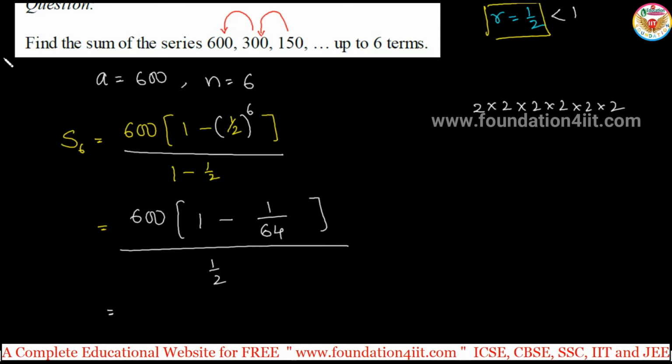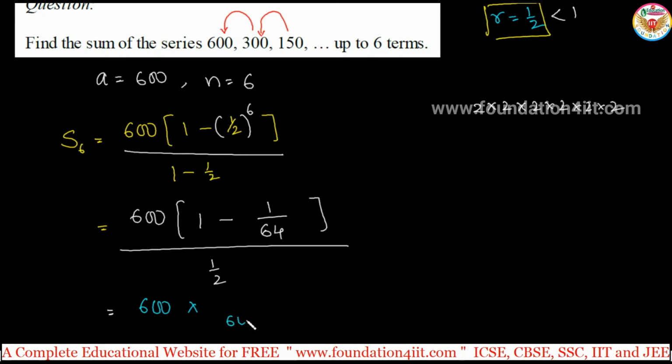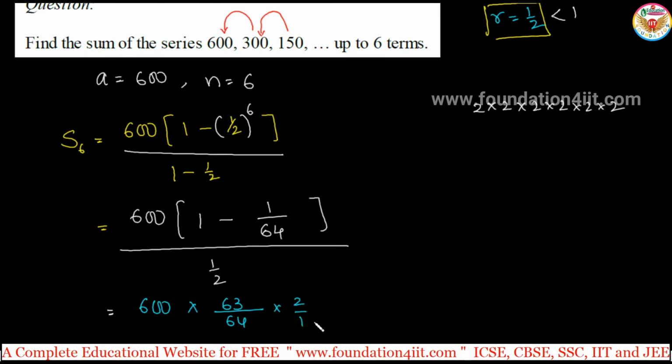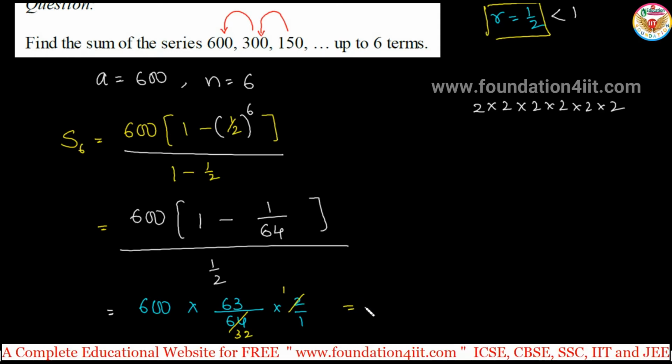Simplify more. 600 into 1 minus 1 by 64. 64 is the LCM, 64 minus 1, so 63, into 1 by 2. Just take the reciprocal, 2 by 1, easy for calculations. 2 ones are 2, 32. Again 600 into 63 by 32.